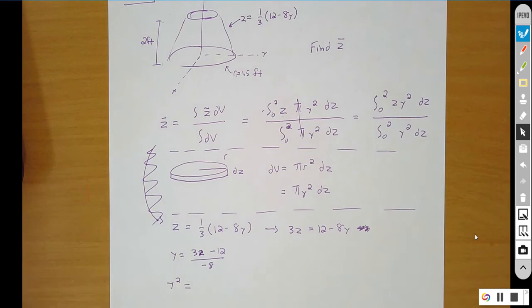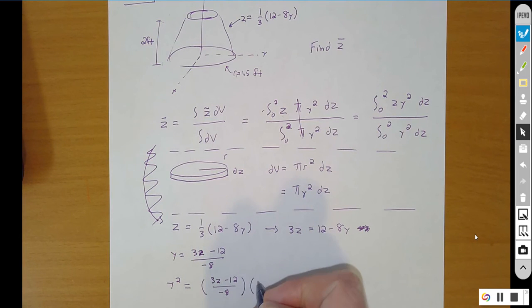That's going to be (3z minus 12) over negative 8, squared. You could just plug it in as this squared, but I'm going to expand it to make the integration easier.